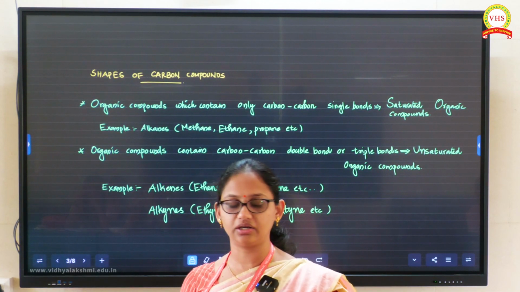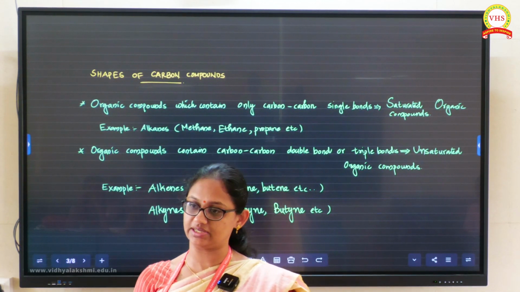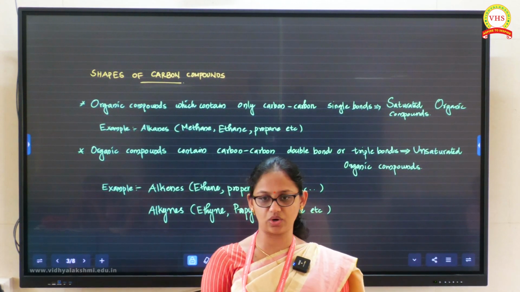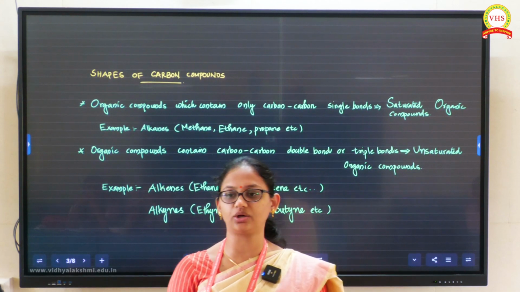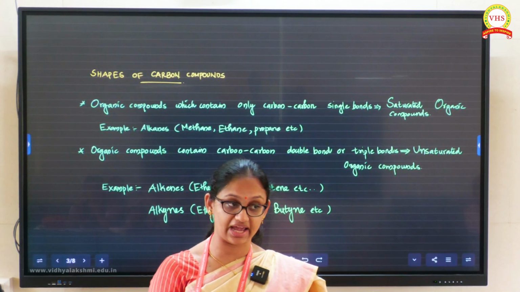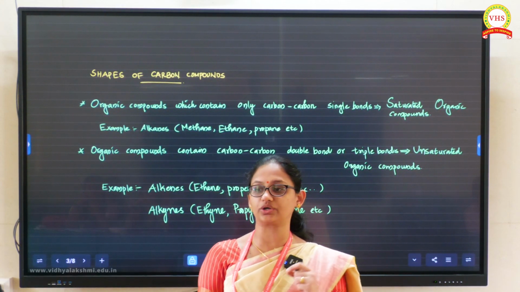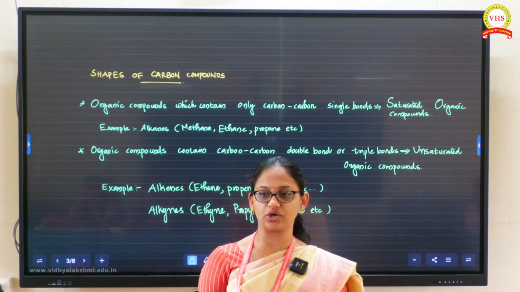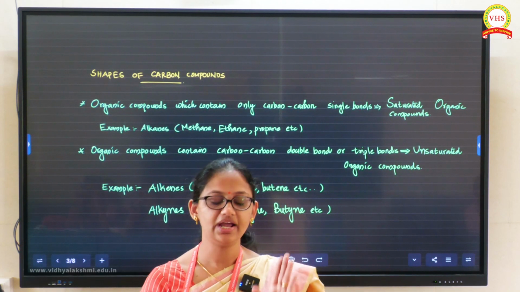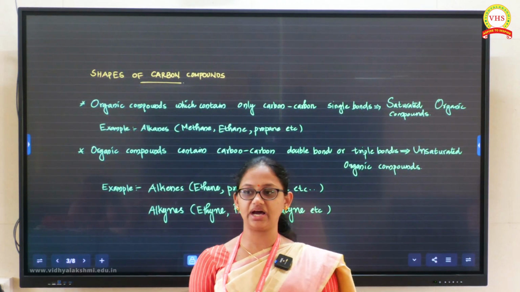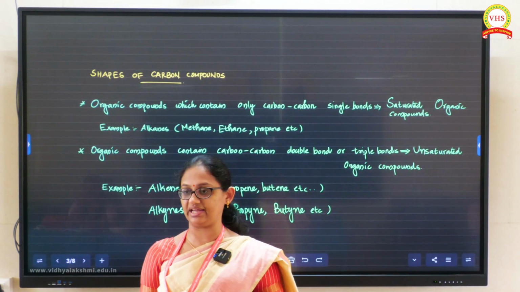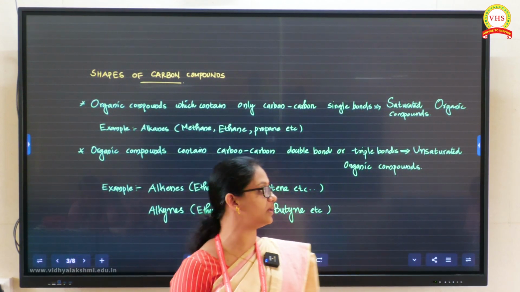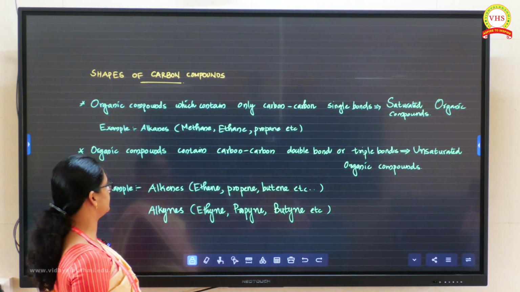If carbon is making a triple bond or double bond, it is called an unsaturated organic compound. The saturated organic compounds are called alkanes. C–C single bonded compounds are called alkanes. Unsaturated organic compounds, that is C=C double bond and C≡C triple bond, are called alkenes and alkynes respectively.